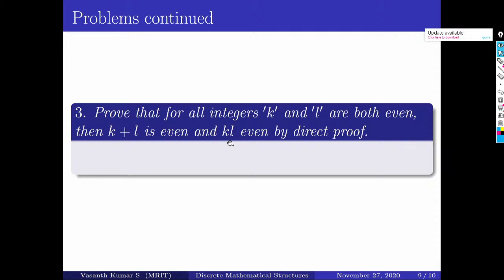So I am giving a clue for you on how to solve this problem. k and l are even, means you should consider k as an even number, 2m. Any even number is represented as 2 times m, and consider l as 2n. Consider this main concept and solve as solved in the previous problem.